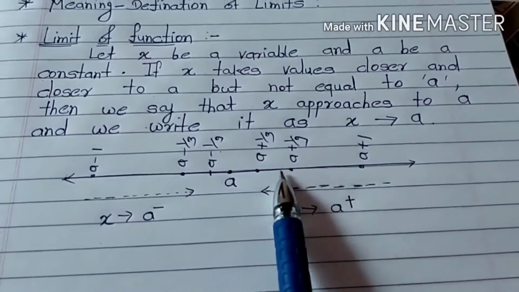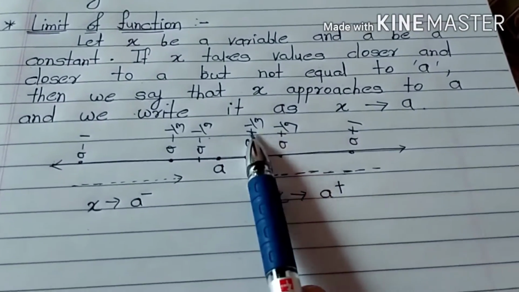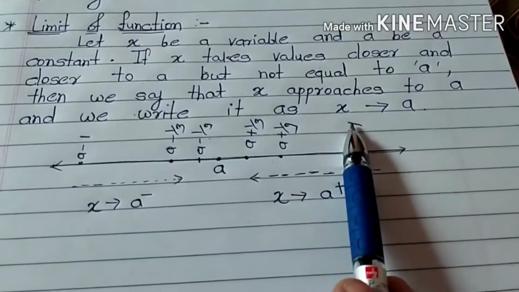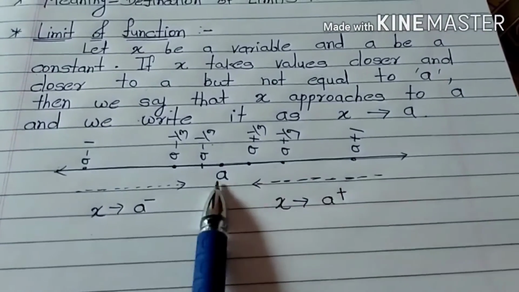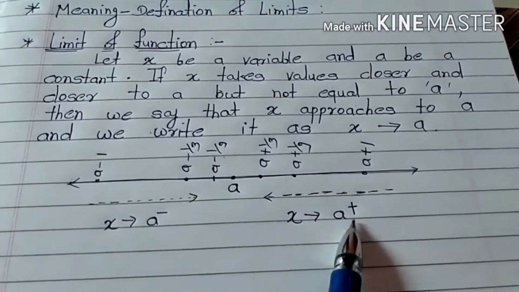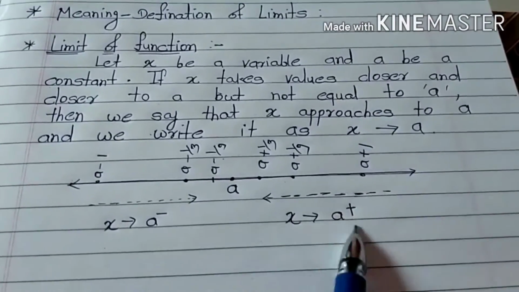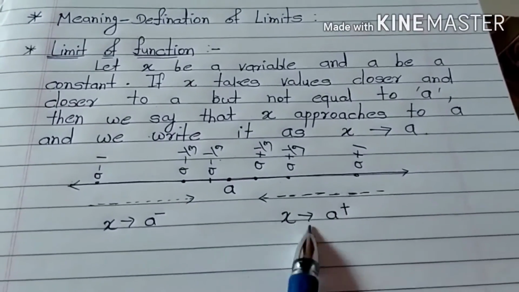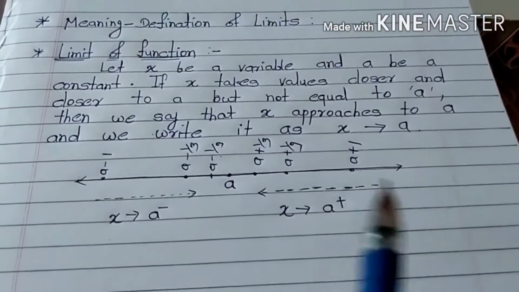Here x takes values greater than a, such as plus 1 by 3, plus 1 by 9, plus 1, and it approaches a, so we say x tends to a plus, which means it is the right hand limit. So these both are definitions of limit: this is the left hand side limit and this is the right hand side limit.